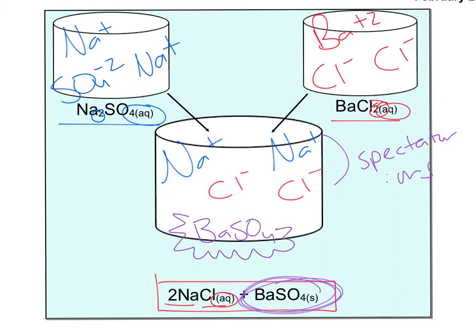And I'm gonna put little lines around it, pretend that's a solid. So I know it's not a perfect picture, but the main thing that I want you to see is how these guys just come in here and do nothing new. And these guys, when they find each other, make this solid compound.